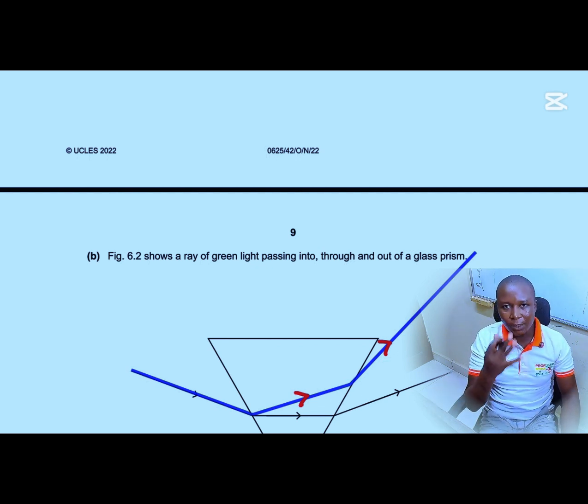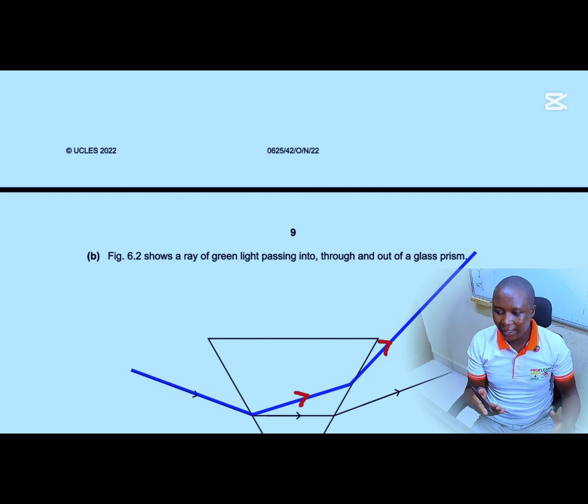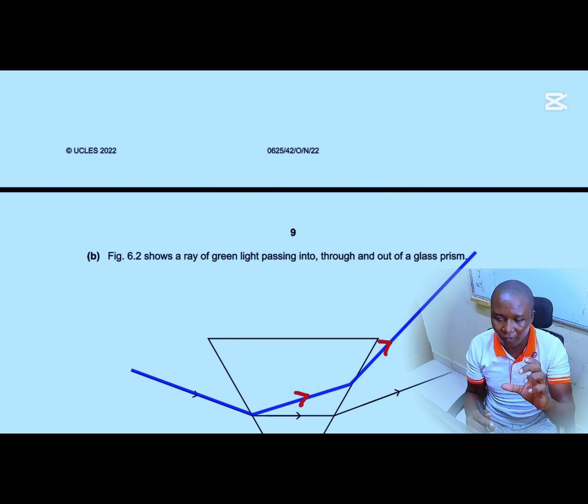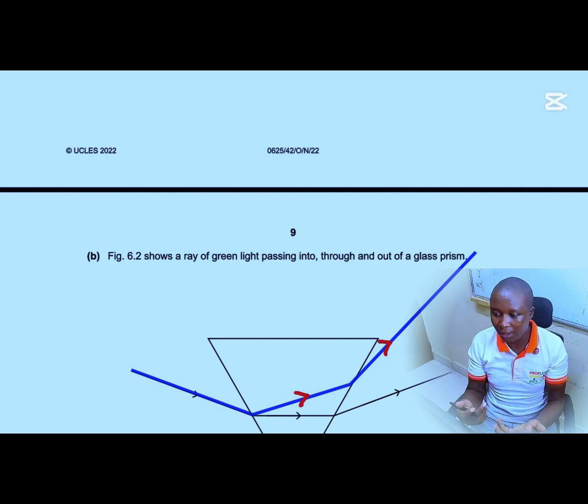Talking of dispersion of light, when light is incident on a prism, there is dispersion, separation into different colors. What we need to understand is that blue light has a shorter wavelength, so it will refract more.